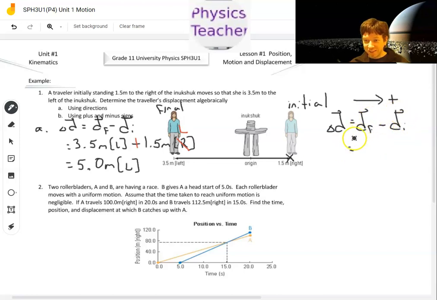And then we just look. So d final is 5 meters left. Oh, left is not positive. So I'm going to write that as minus 5 meters. And notice I'm not writing a direction here. The direction is right there inside of that negative. That negative with this coordinate system shows the direction.